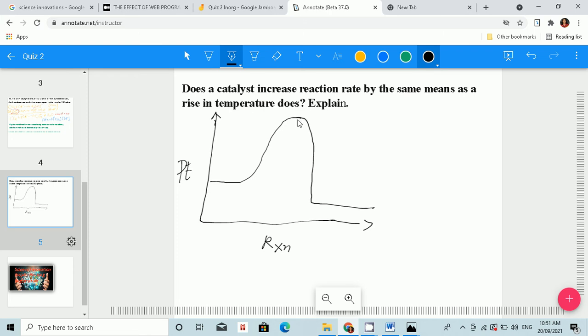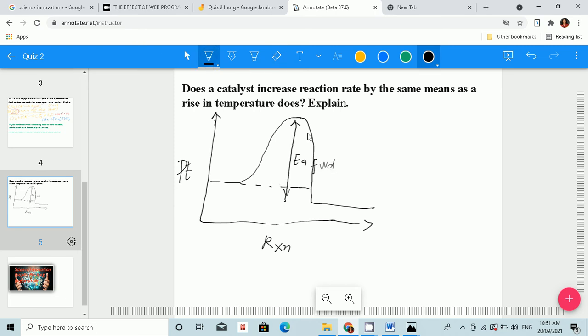So here we know that this one is the energy of activation, that is EA, particularly of the forward reaction.